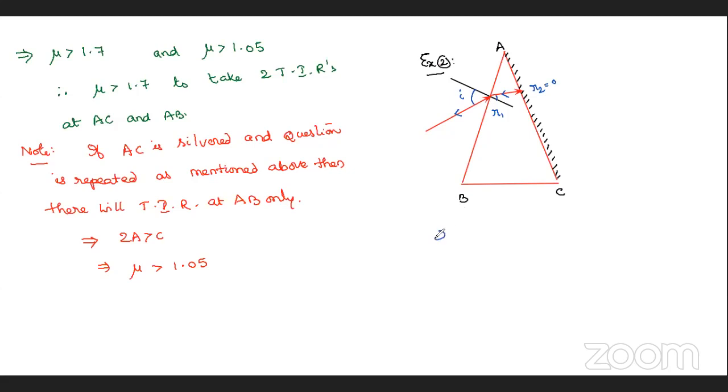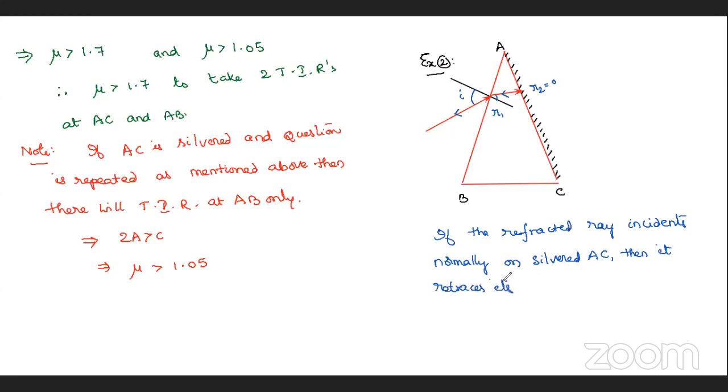So this will be R1 and R2 here equals to 0. Okay, so in the question, if the refracted ray incidents normally on AC, silvered AC, then it retraces its path. Okay, here what you require in this, the information?